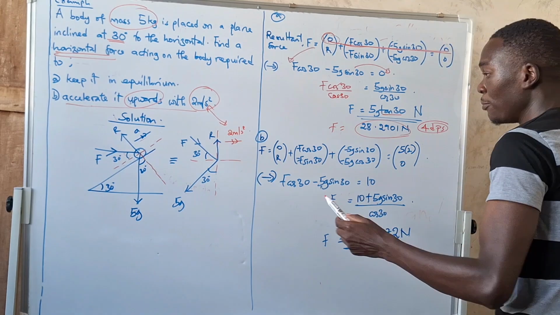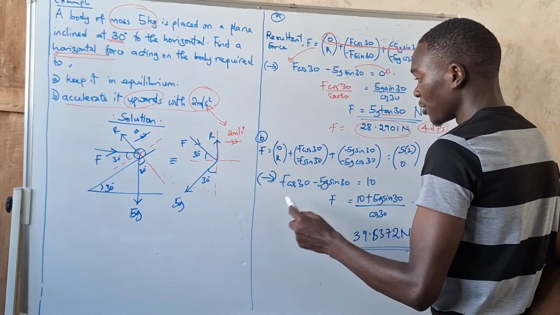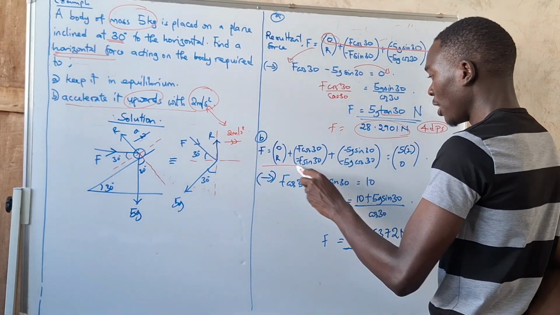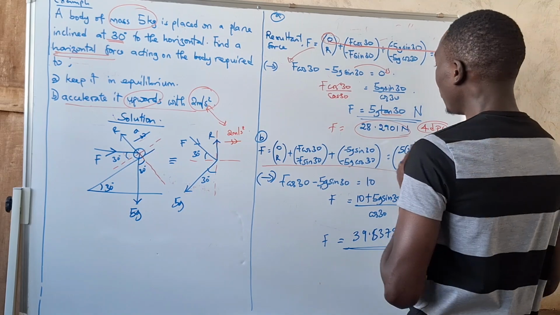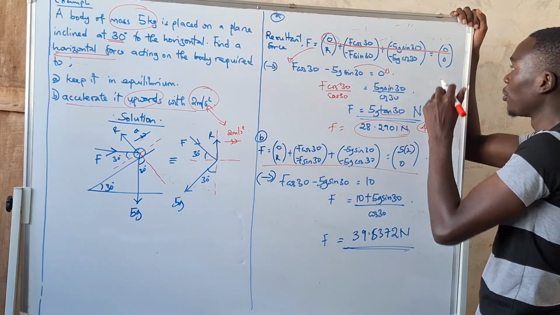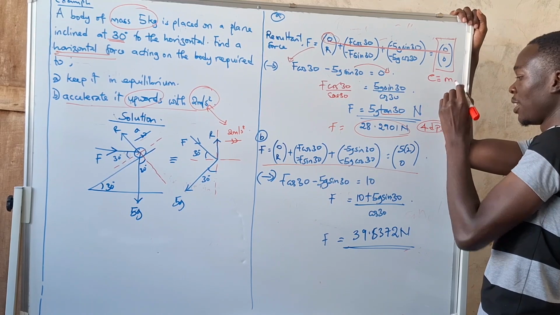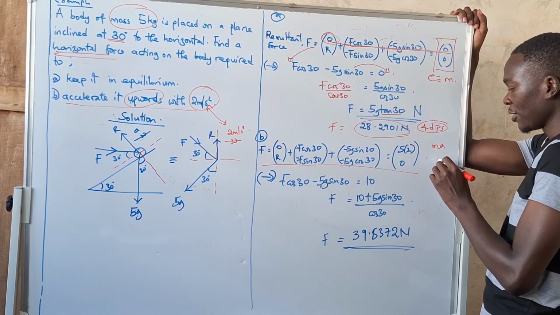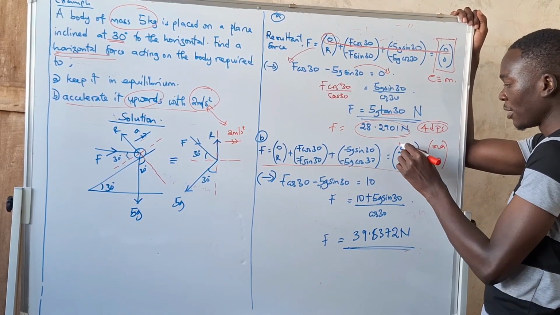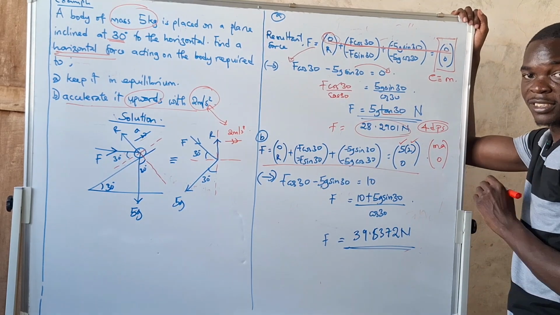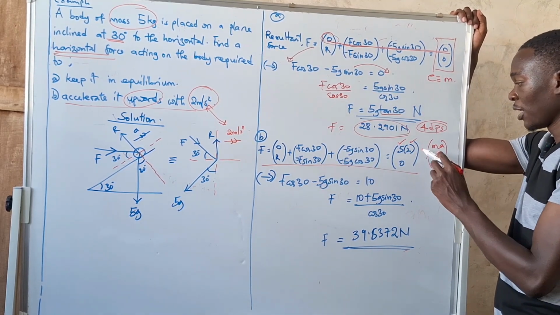And then definitely we come here and obtain the resultant force. So this is what we have as resultant force. But the difference will be that instead of equating to 0, 0, like the case was in equilibrium, here we equate to ma, 0. Our mass is 5 and our acceleration is 2, that's why I have 5, 2.